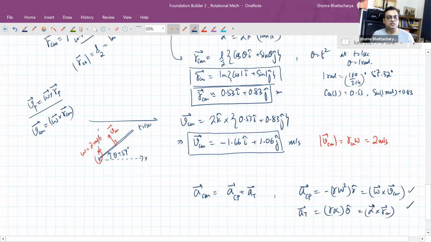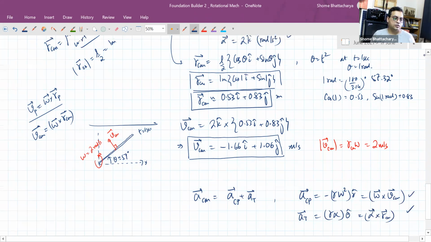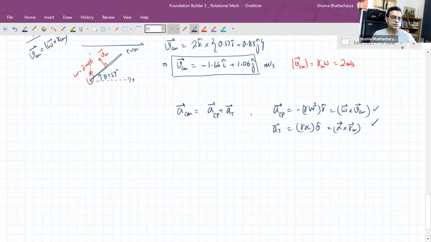So we'll express it this way and use the unit vector notation. So just make a note of this part first, then we'll come to the acceleration part.